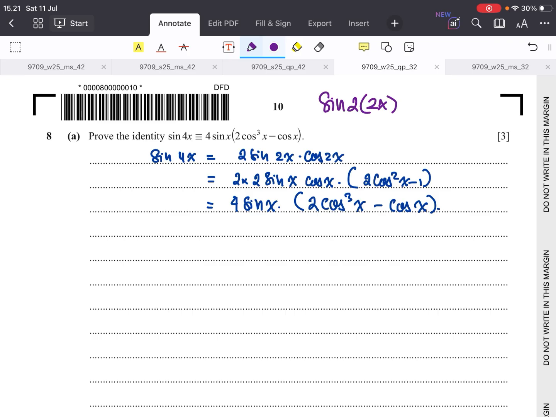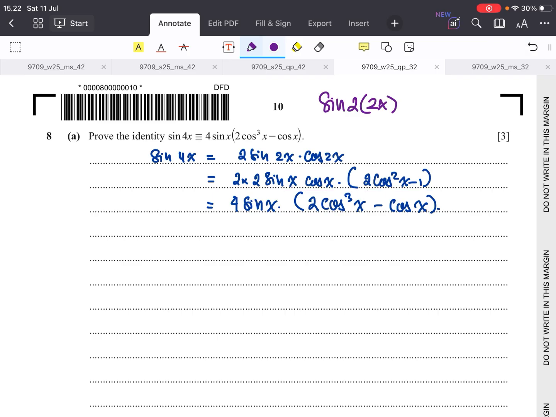So using double angle formula, we can expand it into 2 sin 2x times cos 2x. And then again, use the double angle formula again. For this one, sin 2x becomes 2 sin x cos x. And cos 2x is 2 cos squared x minus 1. If you forget the double angle formula, you can check it in the list of formulas that will be given to you in the test.